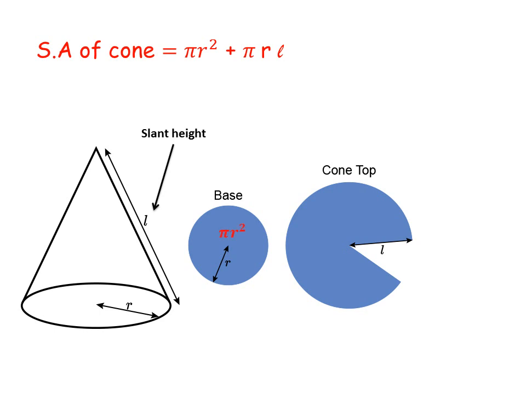And the cone top, how to find its area? The area of the cone top is pi r l, where l is called the slant height. So the surface area of a cone equals pi r squared plus pi r l.